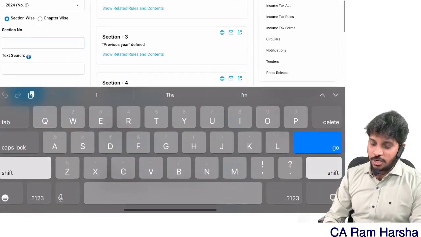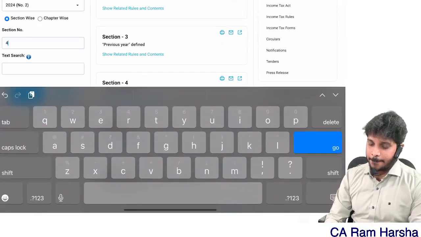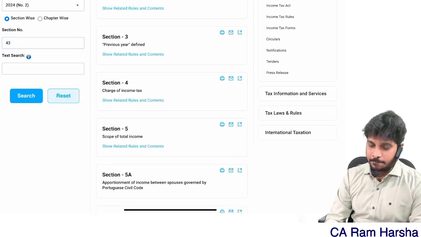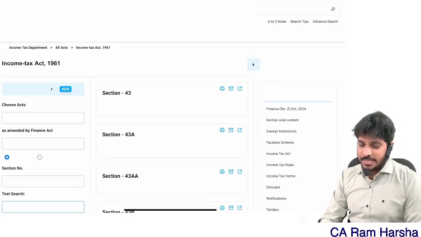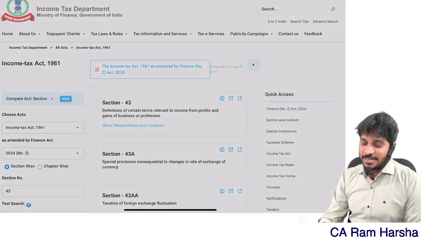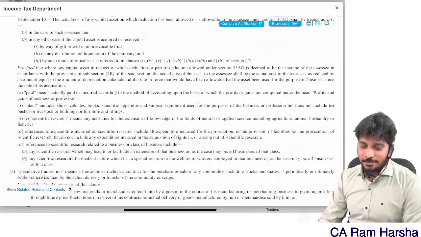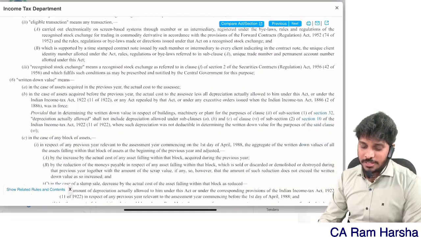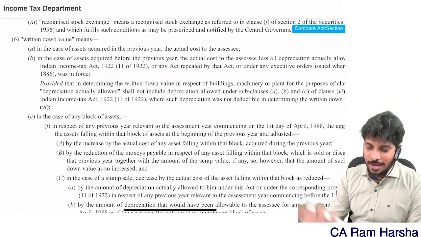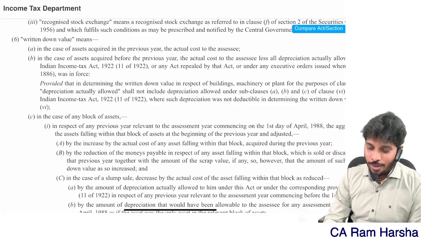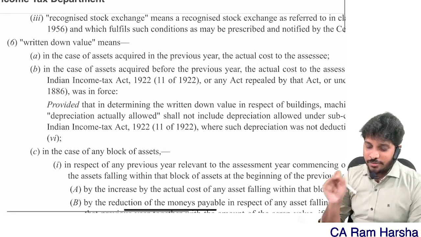Computation, once we start now, it will be very interesting. There is a section called 43. Inside that, there is a subsection called 6. Section 43(6) is talking about block of asset format. Everybody see here. Written down value means what?